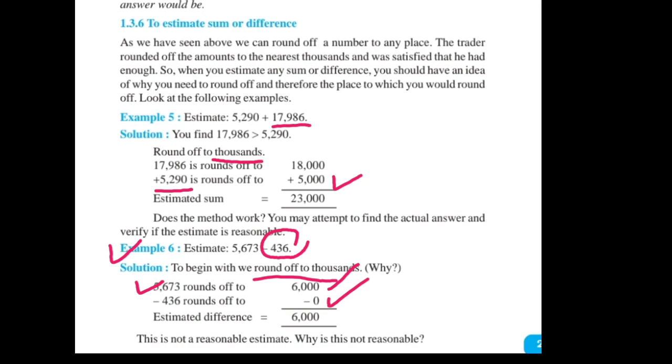So the estimated difference is 6000. So is it right? This is not a reasonable estimate.